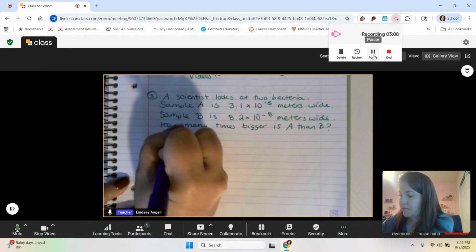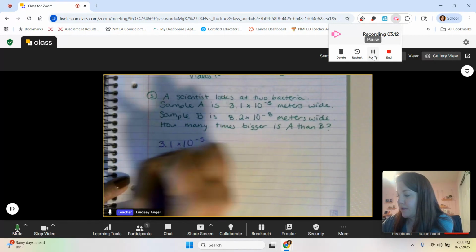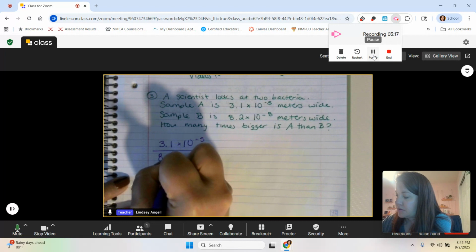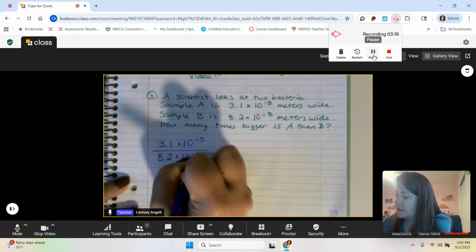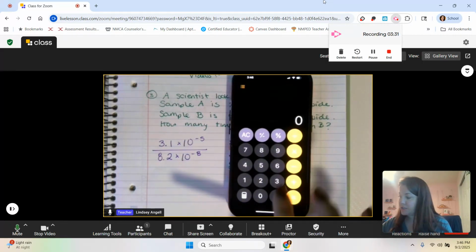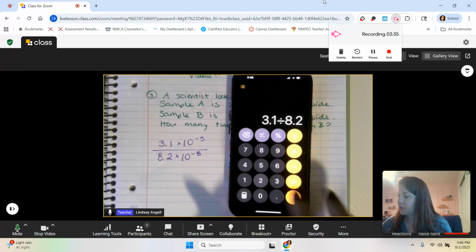We're going to say we've got 3.1 times 10 to the negative 5th divided by 8.2 times 10 to the negative 8. Okay? And then with that, we're going to divide the coefficients. So let me get my calculator up. We've got 3.1 divided by 8.2.